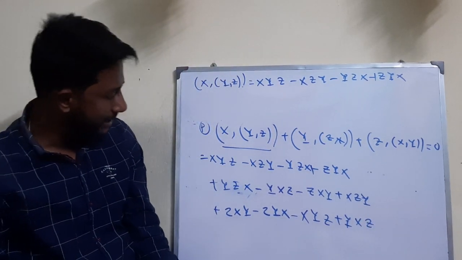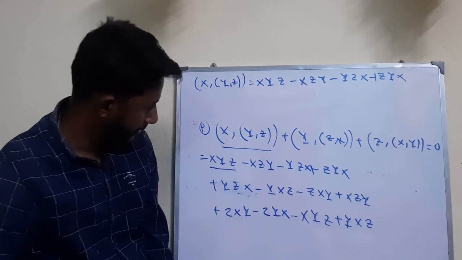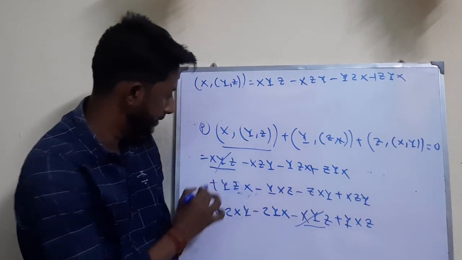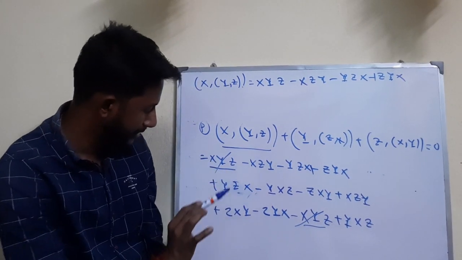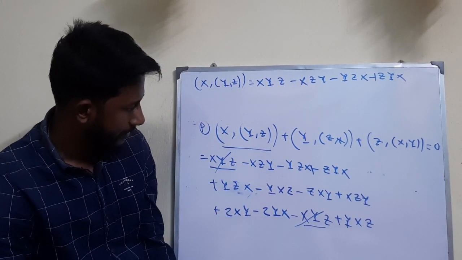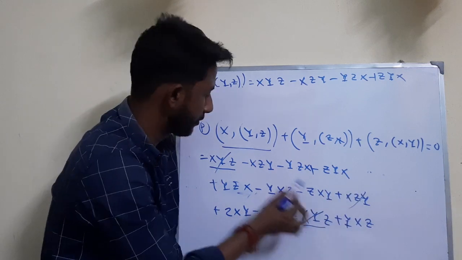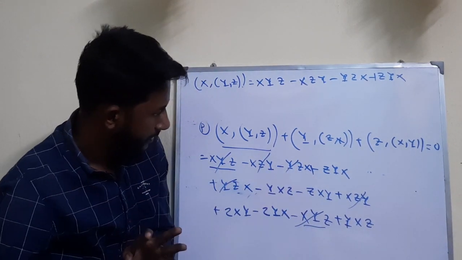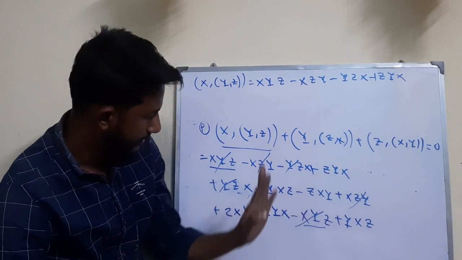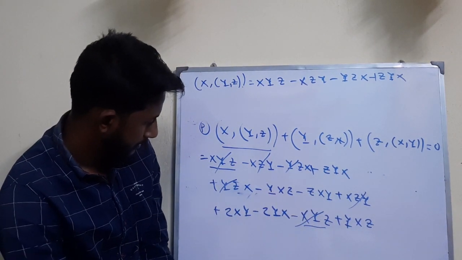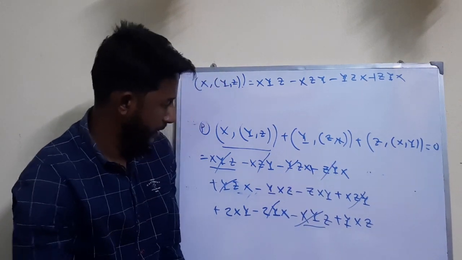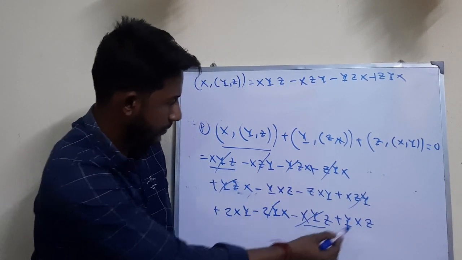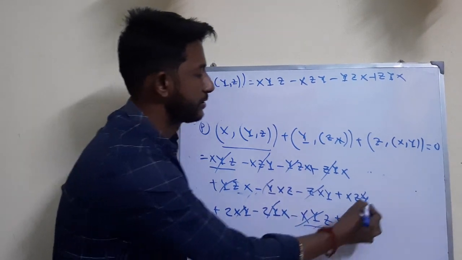Now is it equal to 0? We can see there is an xyz plus and an xyz minus, so cancelling this. There is a minus xzy; is there any xzy? Yes. Likewise yzx, yzx, zyx, zyx, yxz, yxz, and this is equal to 0.